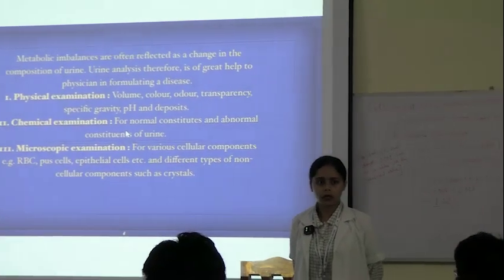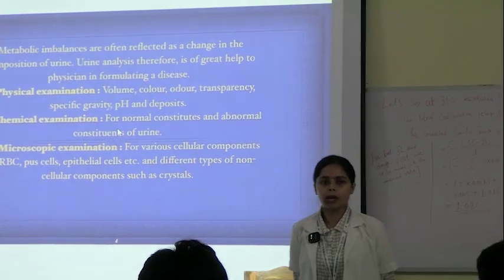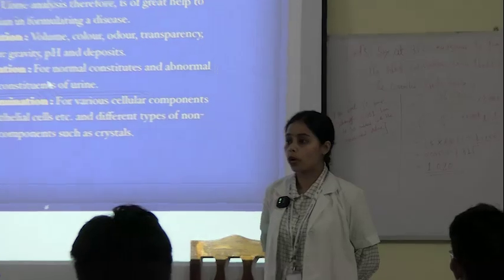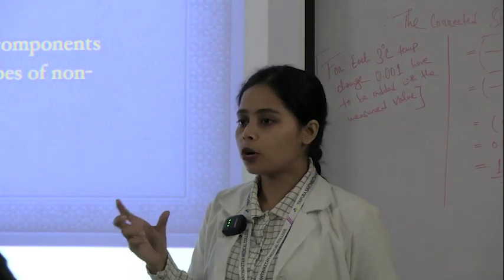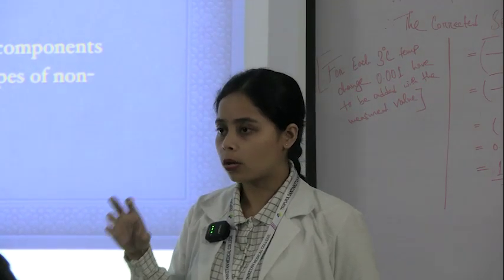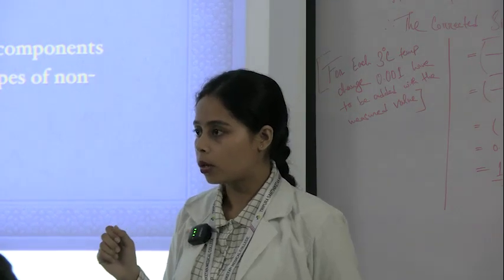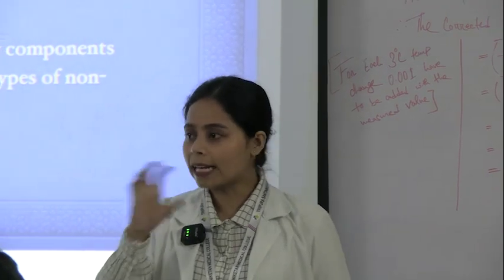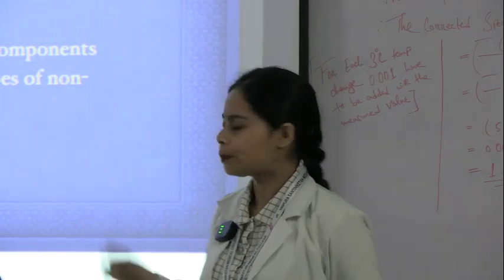Diabetes mellitus. So in diabetes insipidus, the patient will complain of micturating more and more amount. The concentration of water is more in the urine. In that case, by analysis of urine, we can get an idea that it could be diabetes insipidus.